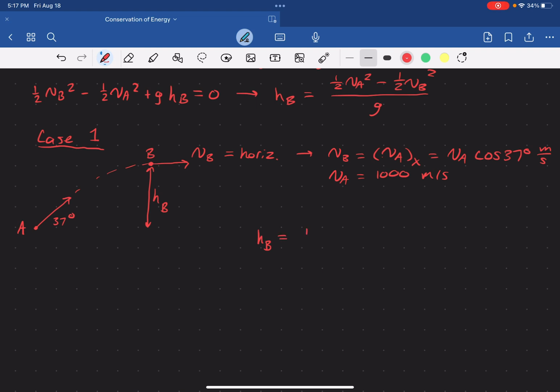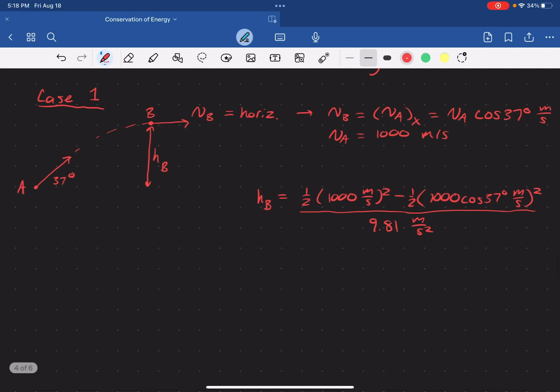So if we plug in our values, and for G we'll use 9.81 meters per second squared.